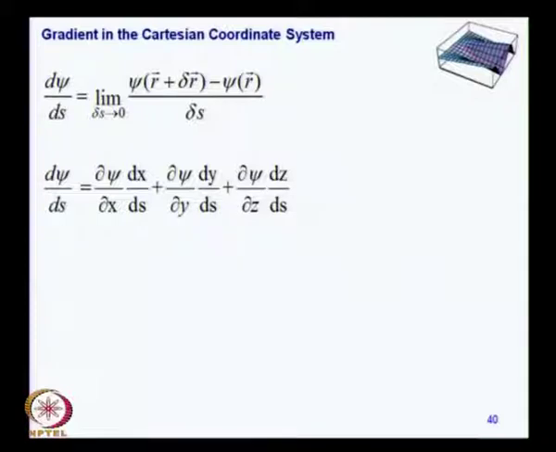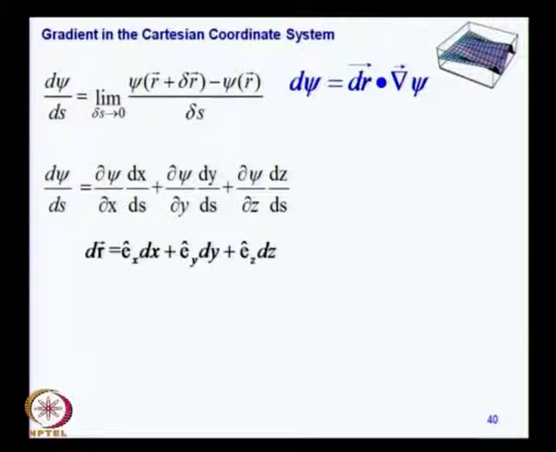So this is the expression for the gradient in the Cartesian coordinate system. The result is independent of the coordinate system, but what led us to the result in the Cartesian coordinate system is the correct interpretation of dr in the Cartesian coordinate system.